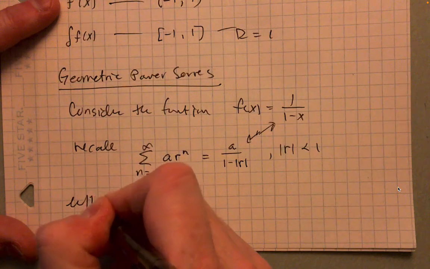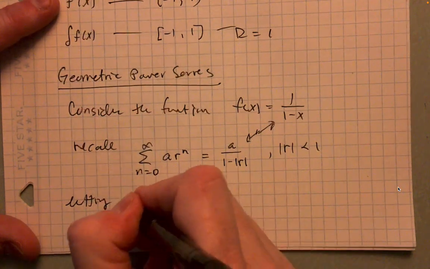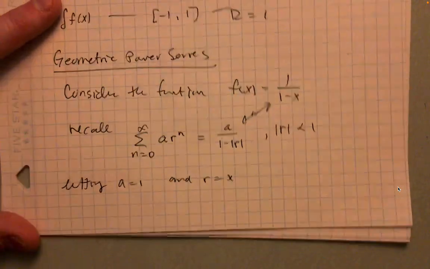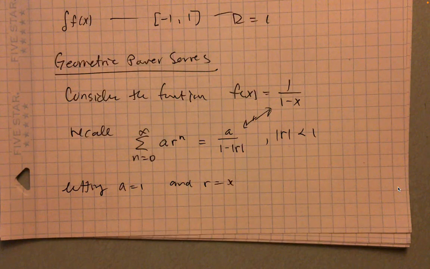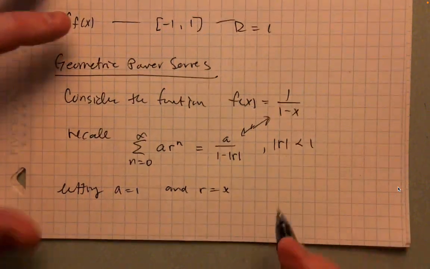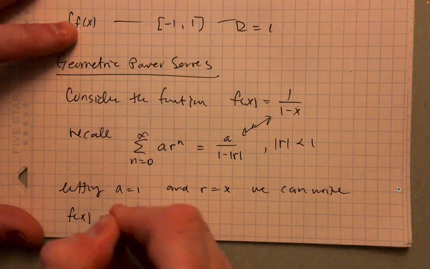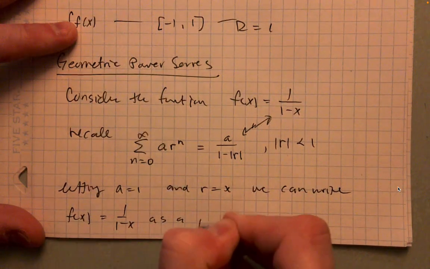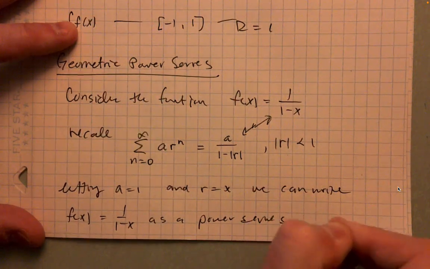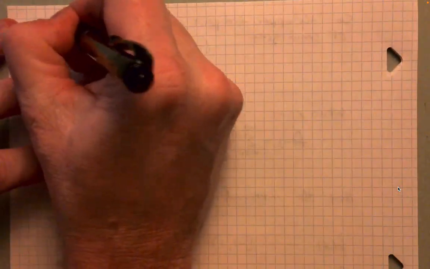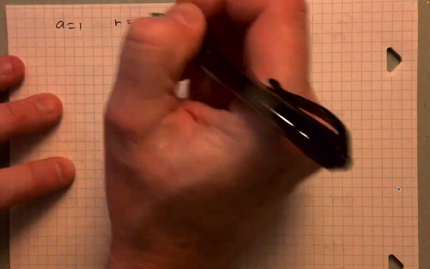So if we were to let a equal 1 and r equal x, then a power series representation for 1 over 1 minus x centered at 0 could be arrived at pretty quickly. Okay, so we can write this as a power series. So a equals 1, r equals x.